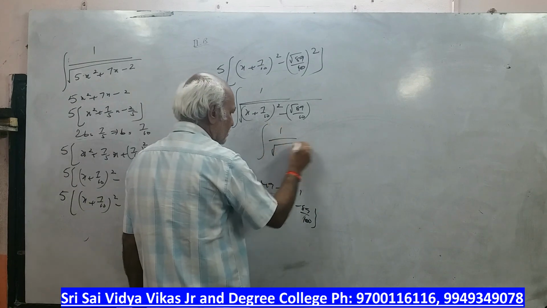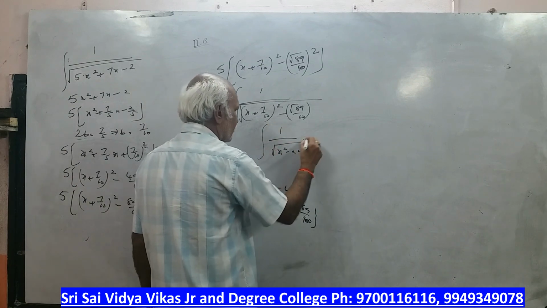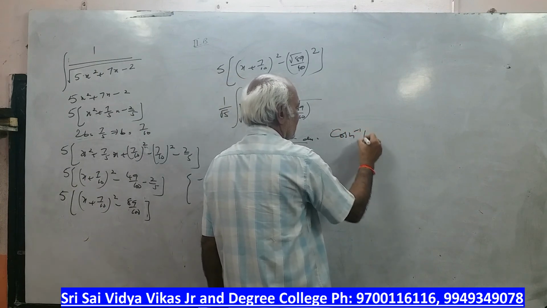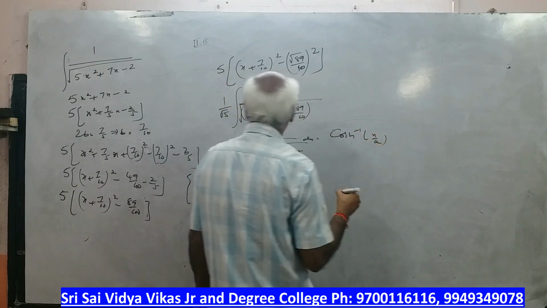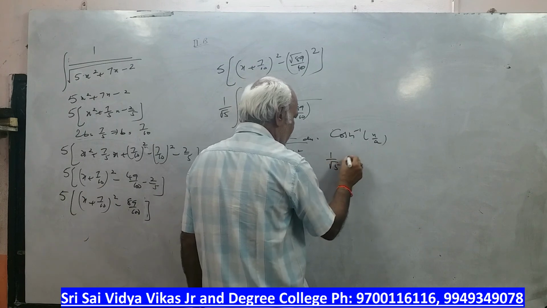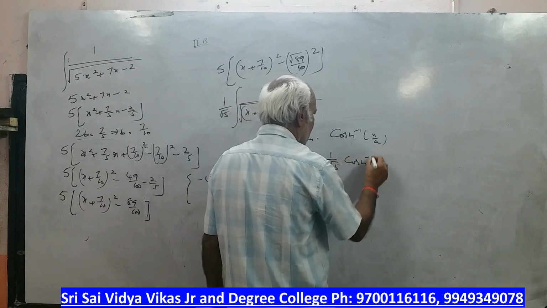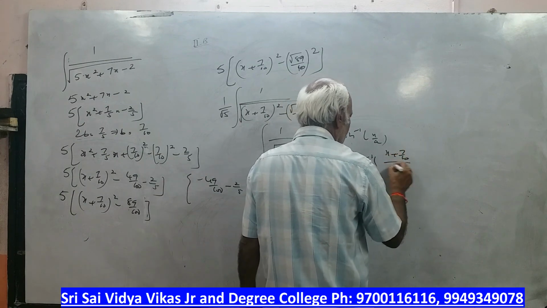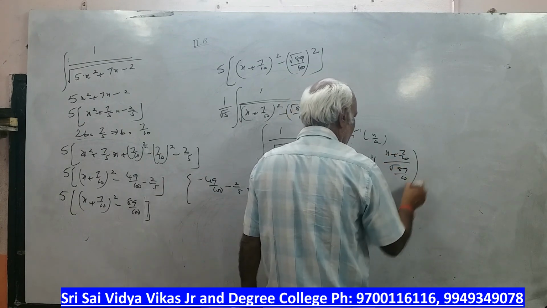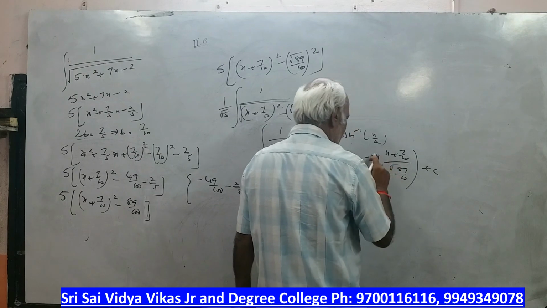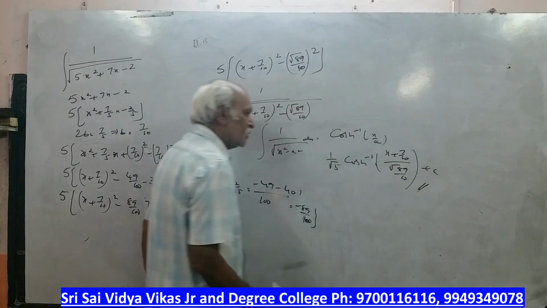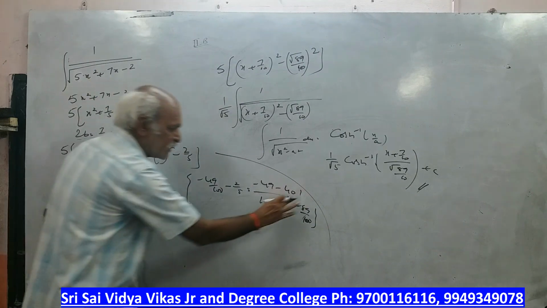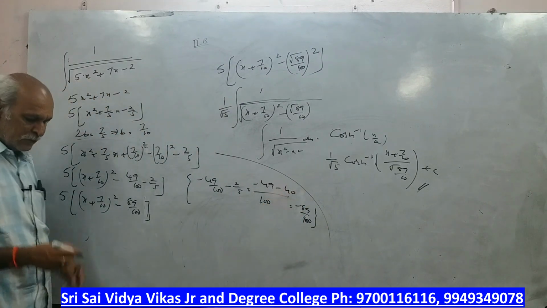Integral of 1/√(x² − a²) dx is equal to cosh⁻¹(x/a). So what will happen? 1/√5 cosh⁻¹(x/a), with a = √89/10. If you want, take the LCM. To make you understand this concept, we have done this process. Please note this.